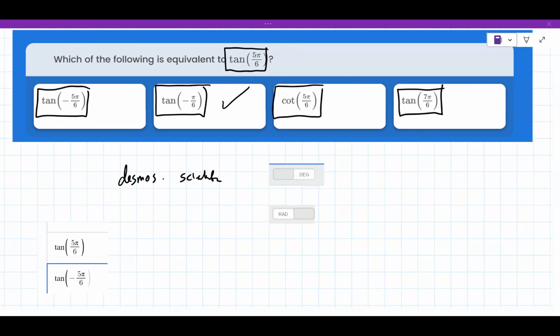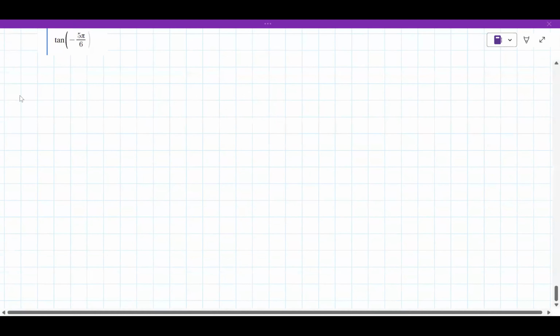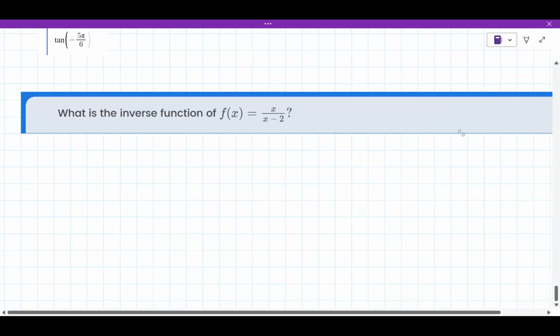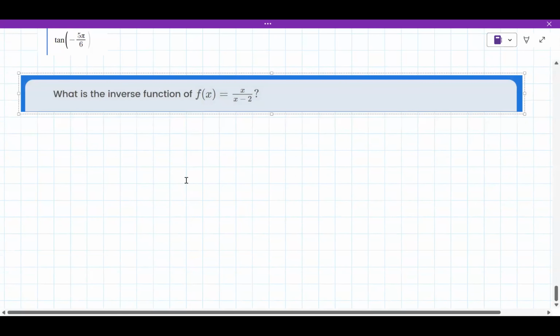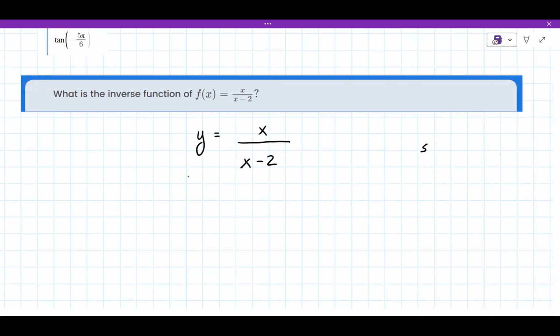All right, let's take a look at the next one. We did do some problems like this. So the inverse is a recipe. It's y equals x over x minus 2. The first step after you put a y in is you switch x and y.